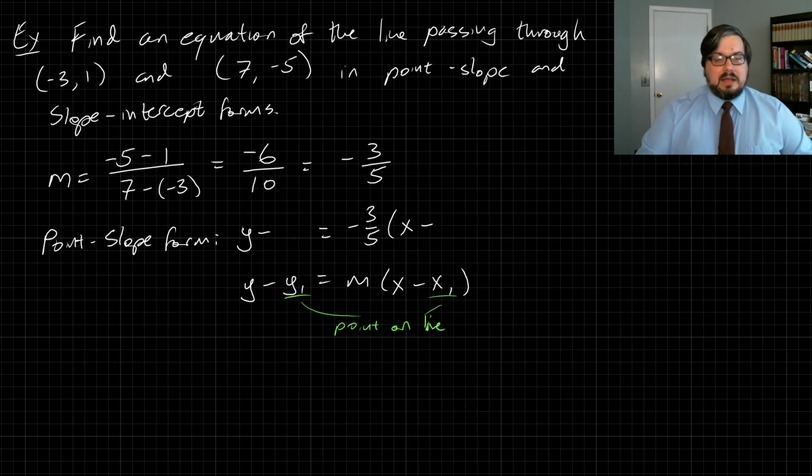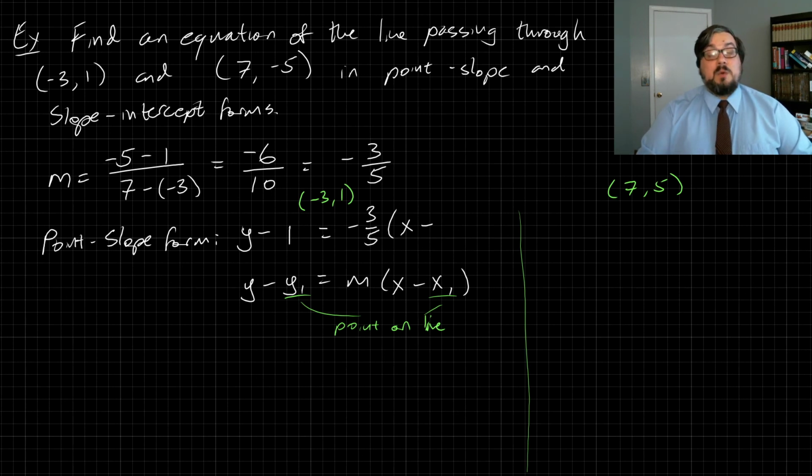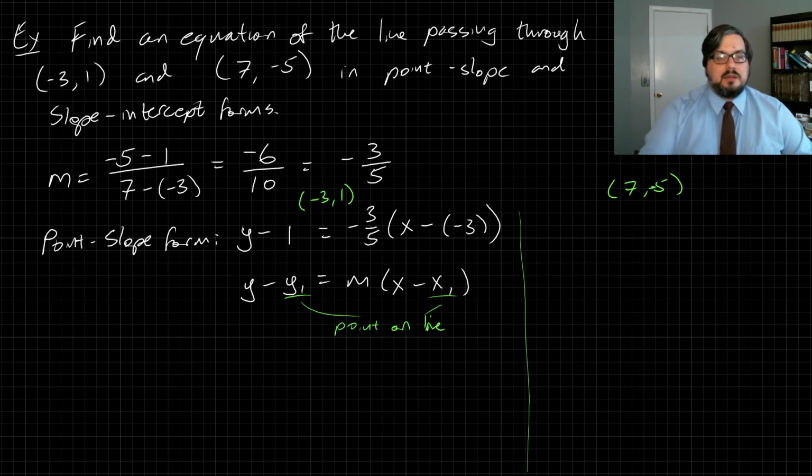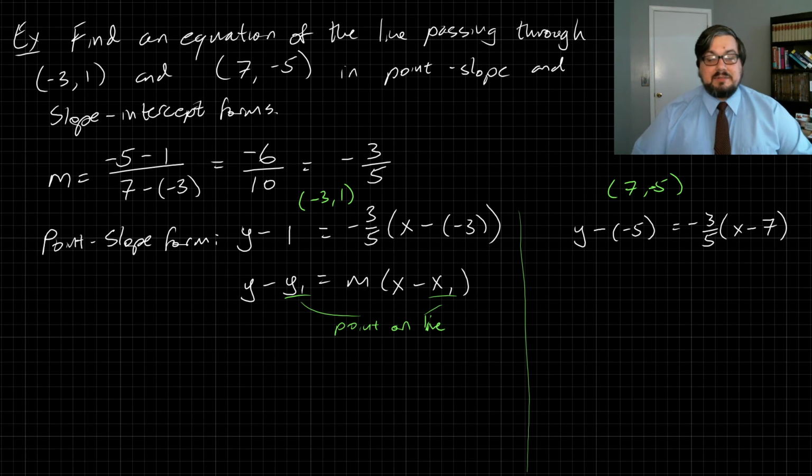So I'll do 2 columns here, and over here on the left I'll take negative 3 comma 1 as the point that I work with, and on the right I'll take 7 comma negative 5 as the point I work with. Now if I take negative 3 comma 1, that means I get y minus 1. It's always y minus the y value, and then x minus the x value over here. And then for 7 and negative 5, we get y minus negative 5 equals negative 3/5 times x minus 7.